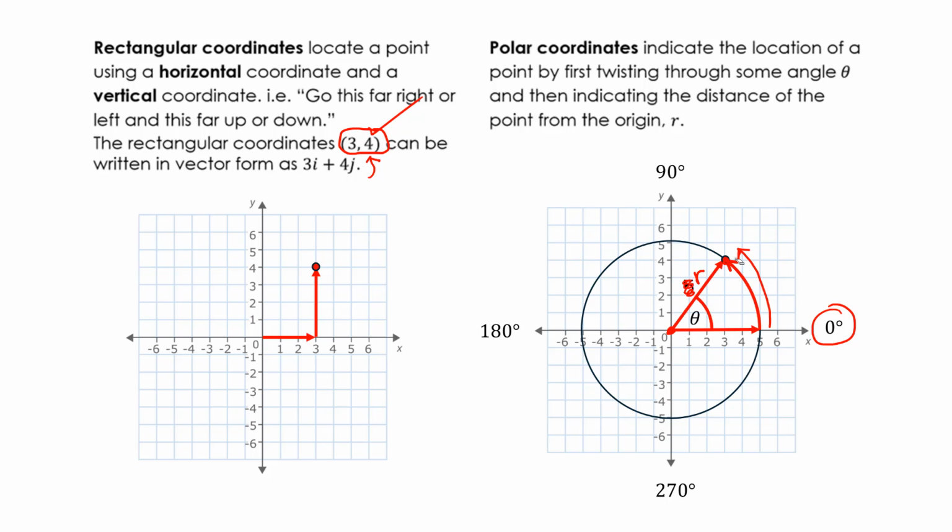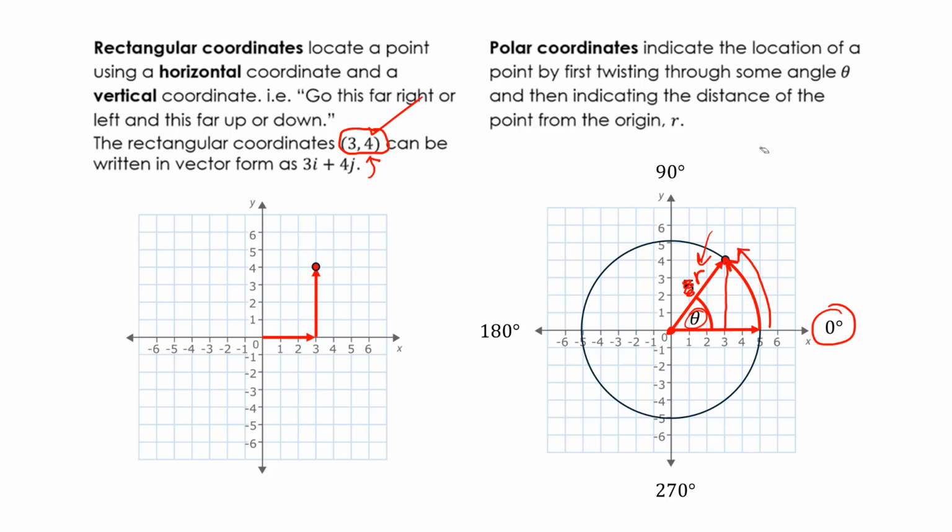So to figure out the polar coordinates for the point (3, 4), we are going to have to figure out this angle, theta, and r, basically the hypotenuse of the right triangle formed by the 3 and the 4.